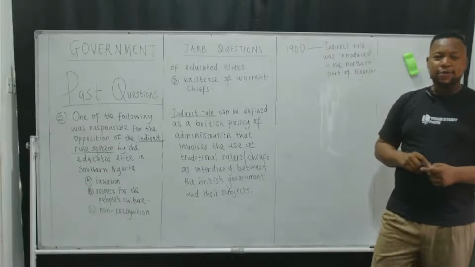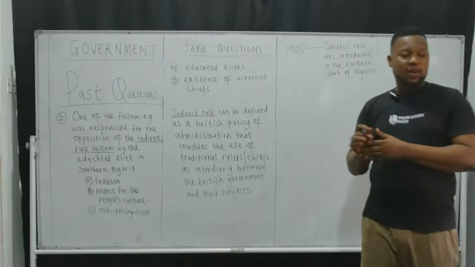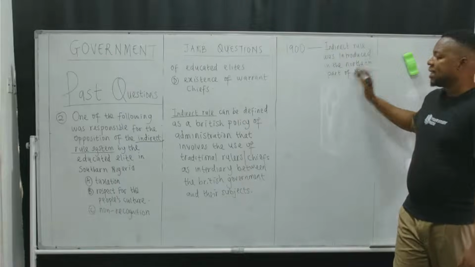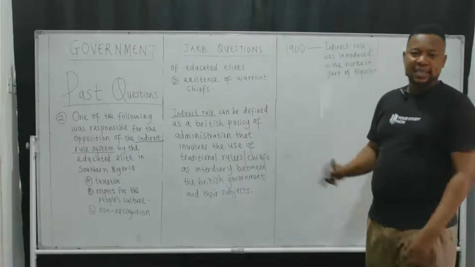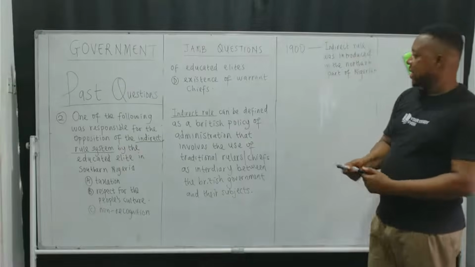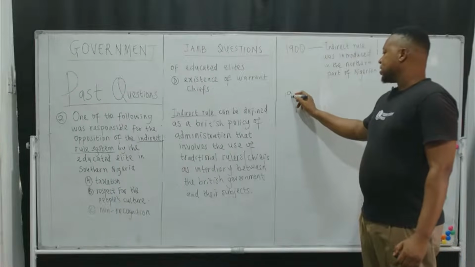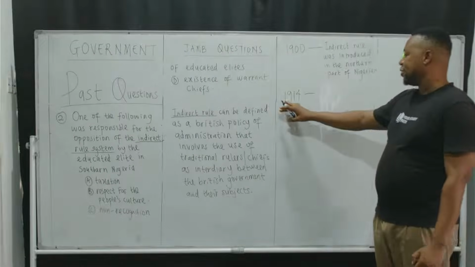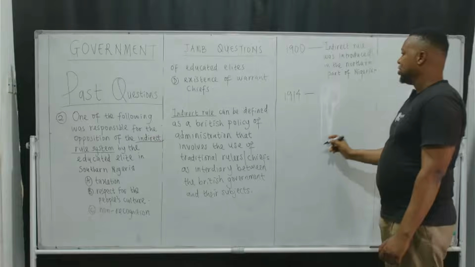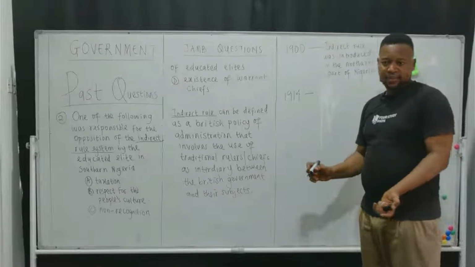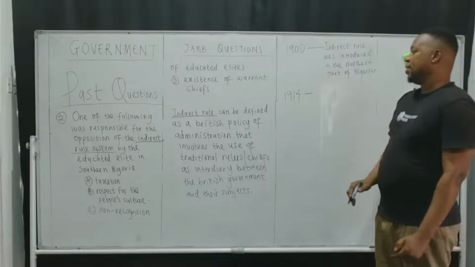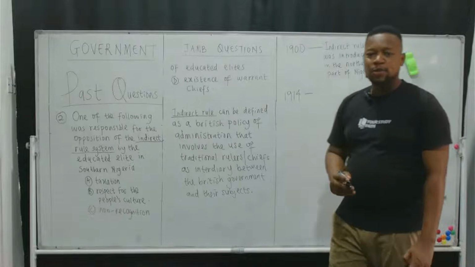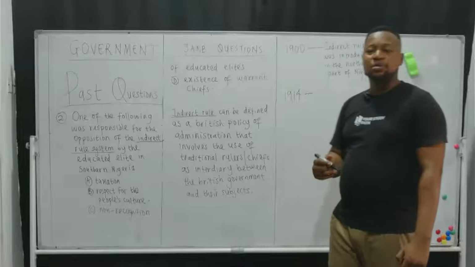That was the first region where indirect rule was adopted. The second time indirect rule was used in Nigeria was 1914, and this was in the whole of Nigeria. That was when Sir Frederick Lord Lugard was given the title Father of the Indirect Rule System.